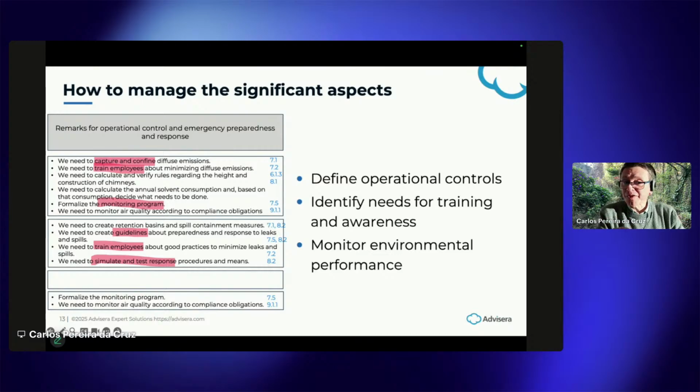So this method means that rather than defining training actions or operational controls based on general environmental themes or standards, okay, the analysis begins with the actual activities, risks, impacts, and behaviors observed in the workplace. So training needs, investments, procedures, and monitoring actions are then derived directly from these concrete findings, leading to more relevant and effective interventions.